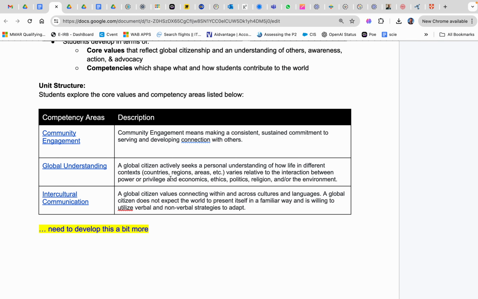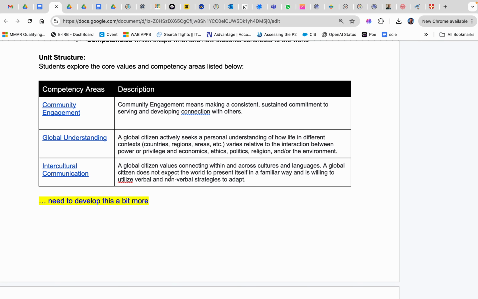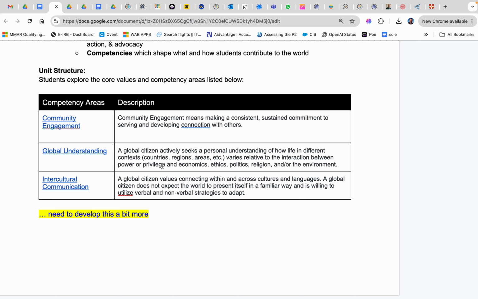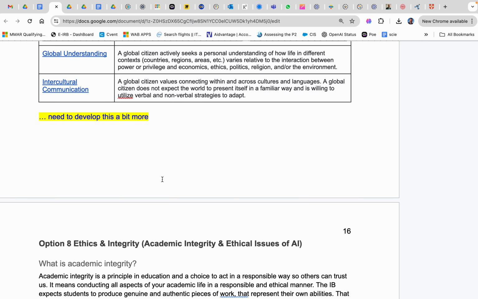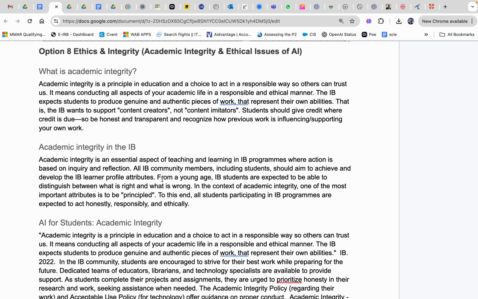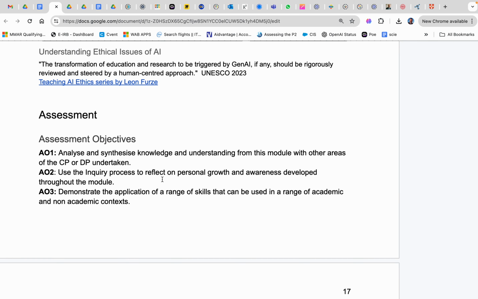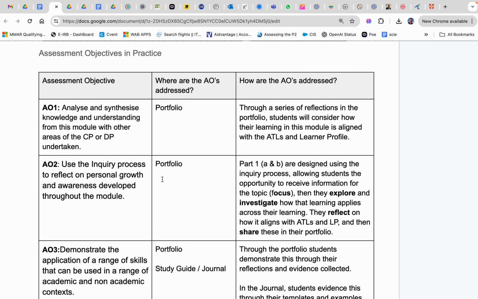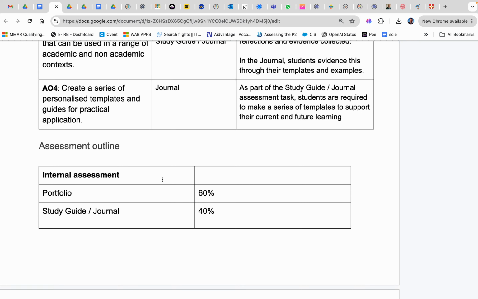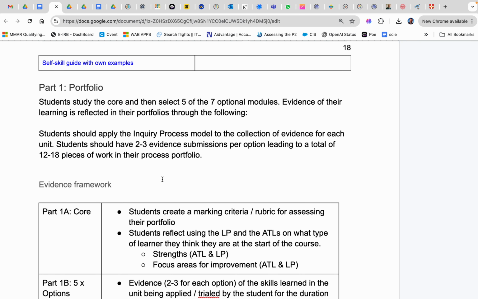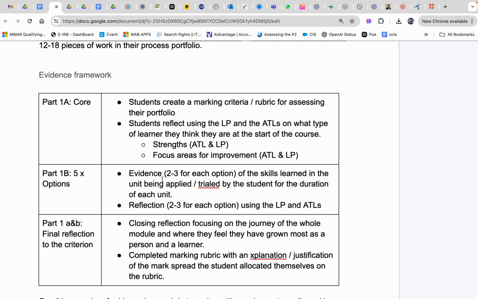What is exciting for me about this is perhaps taking this competency-based approach across a variety of different areas: ethics and integrity, the different ATL skill areas, international mindedness.